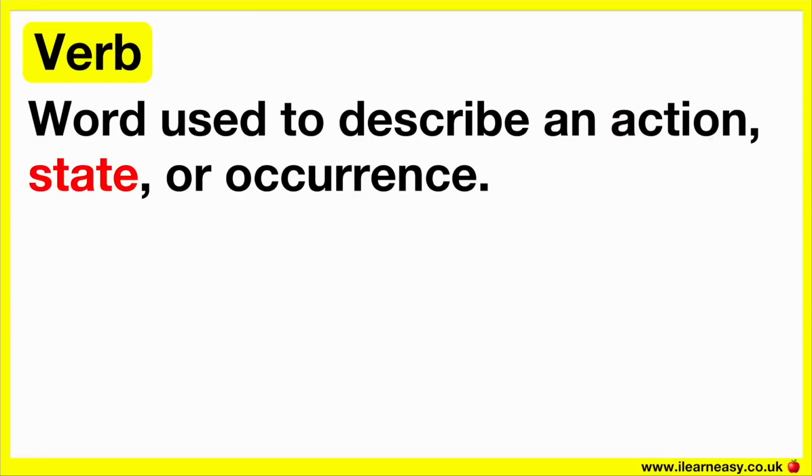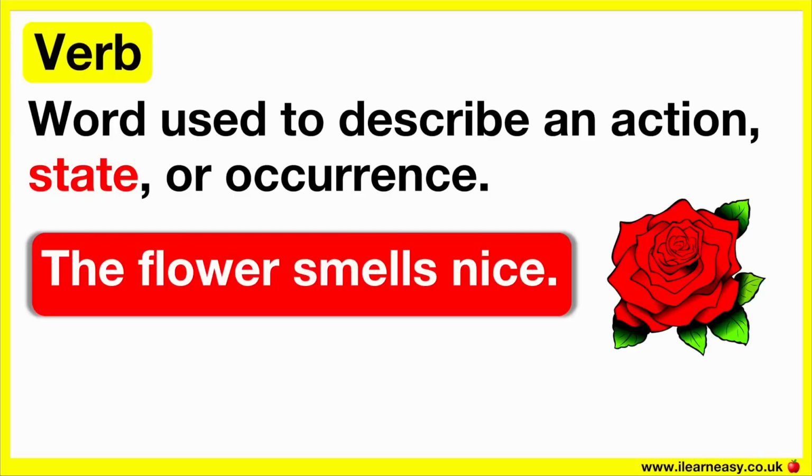When describing a state of being, we can think of the way something exists. The verb links the noun to another word, usually an adjective. These verbs can also describe feelings and opinions. For example, the flower smells nice. The verb in this sentence is smells because it's used to describe the state.